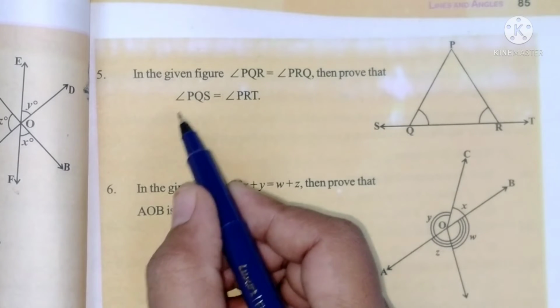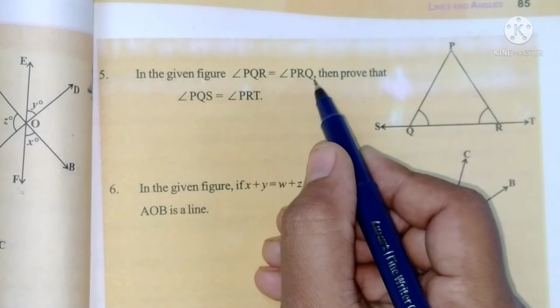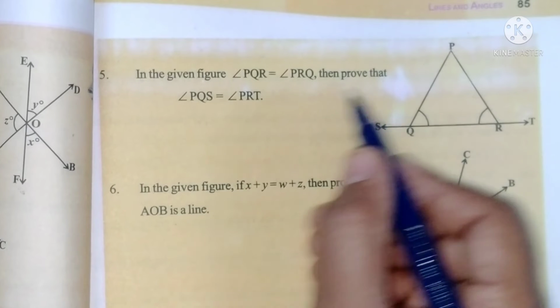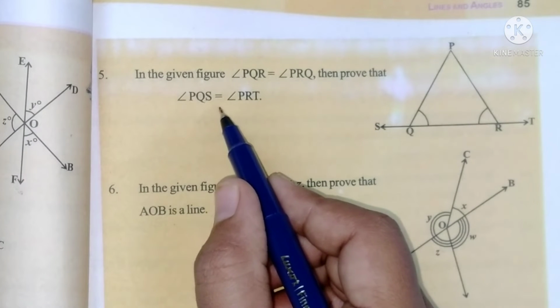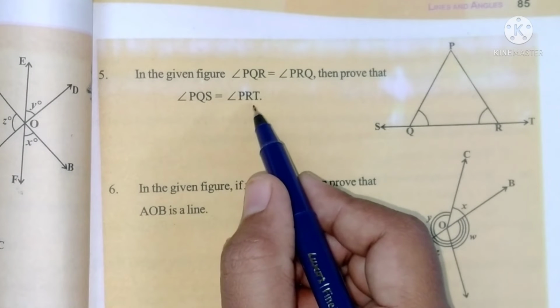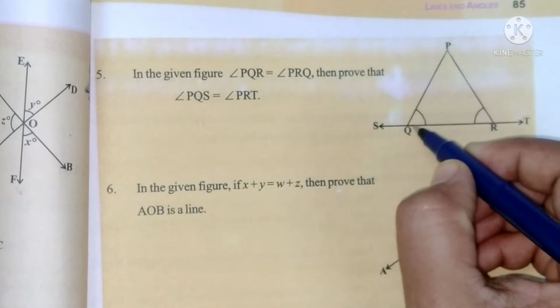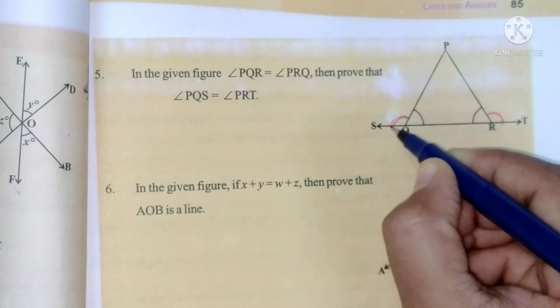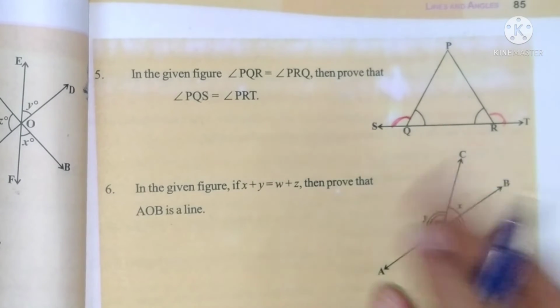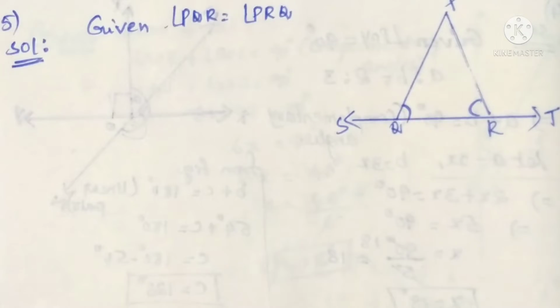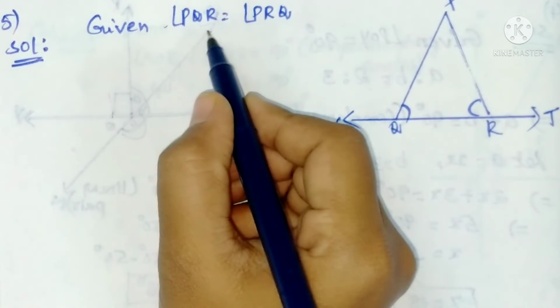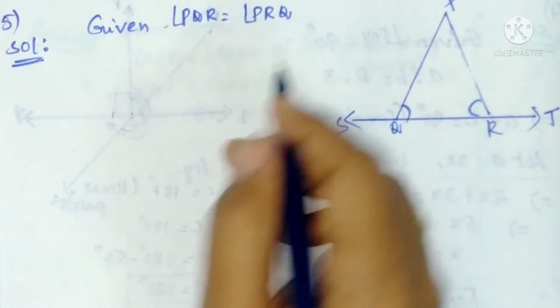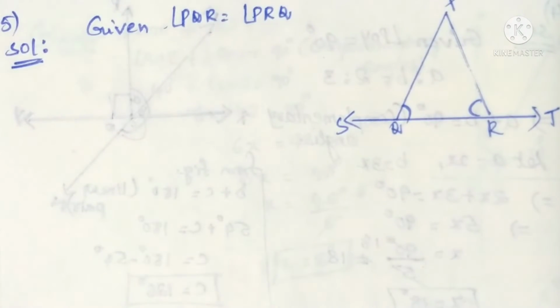Fifth problem. In the given figure, angle PQR equals angle PRQ. Then prove that angle PQS is equal to angle PRT. This angle PQS and this angle PRT, we have to prove these two angles are equal. Okay. So, given angle PQR equals angle PRQ.